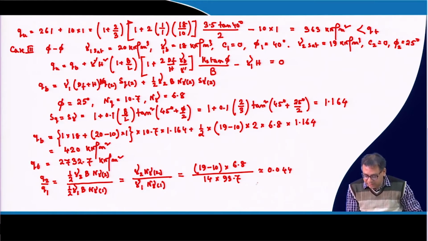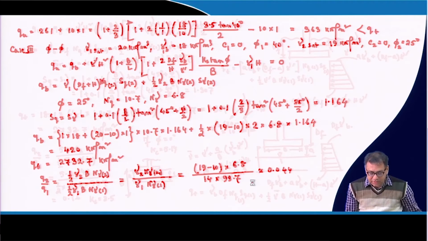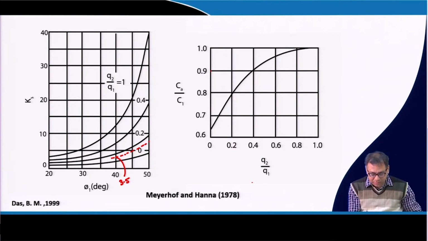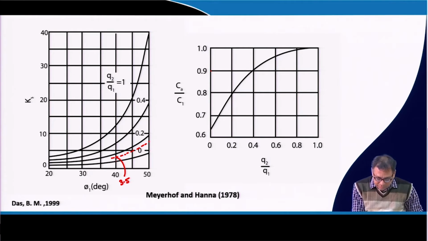So, this value is roughly coming out to be 0.044. Now we will go back to that chart. Where is the 0.044? 0.044 means roughly 0.05. So, this is 0.2, this is 0.1, so this will be your 0.04, which is close to here.